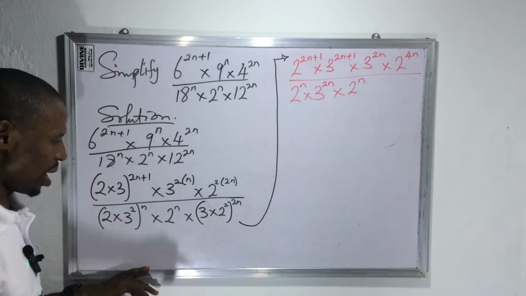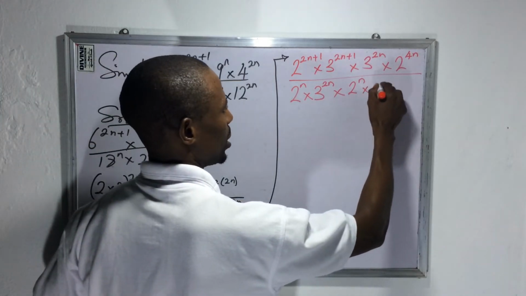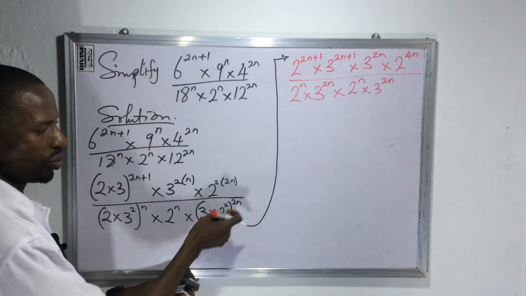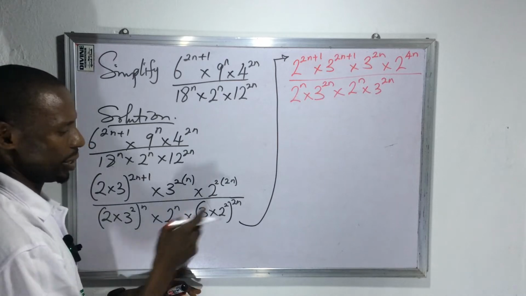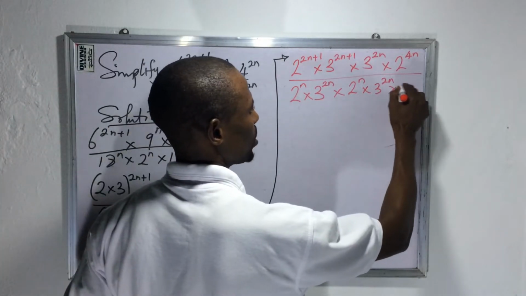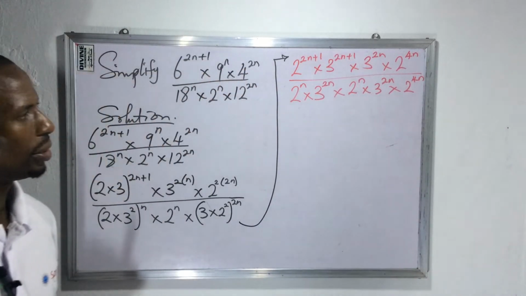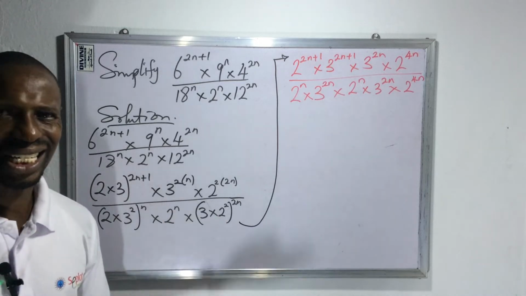Next we have 3 to the power of 2n, and 2 times 2 will give us 4n, so times 2 to the power of 4n. Here we are. This challenge has been made simple.